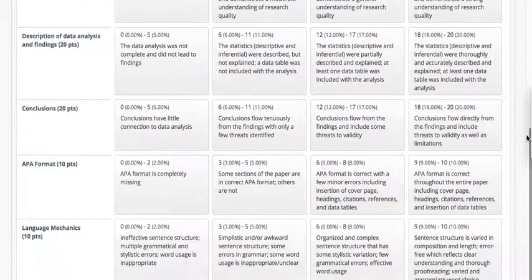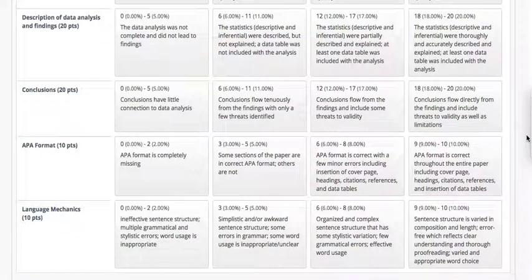And then the last 2 sections on the rubric have to do with your APA format. So this is where I should see evidence that you're using the APA presentation that I gave you, as well as your APA manual. Your manual shows you exactly how to format a data table, and obviously all of the other things that you've already done in your lit review should be done correctly in APA format.